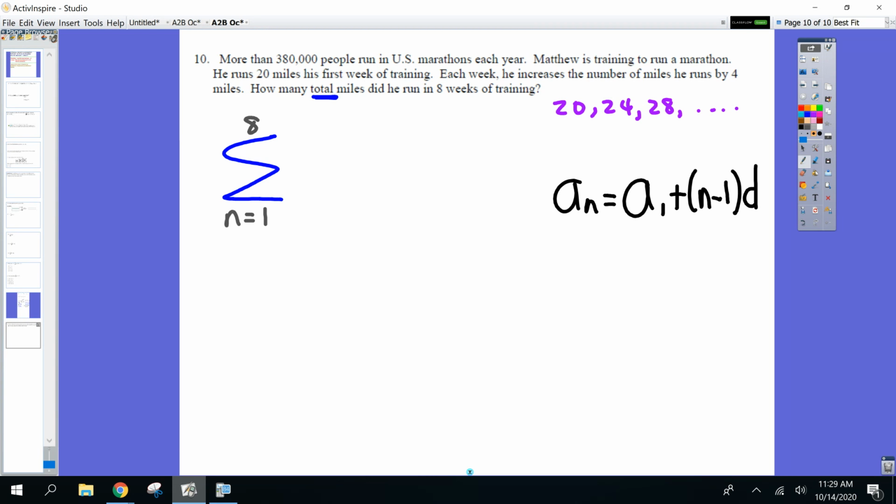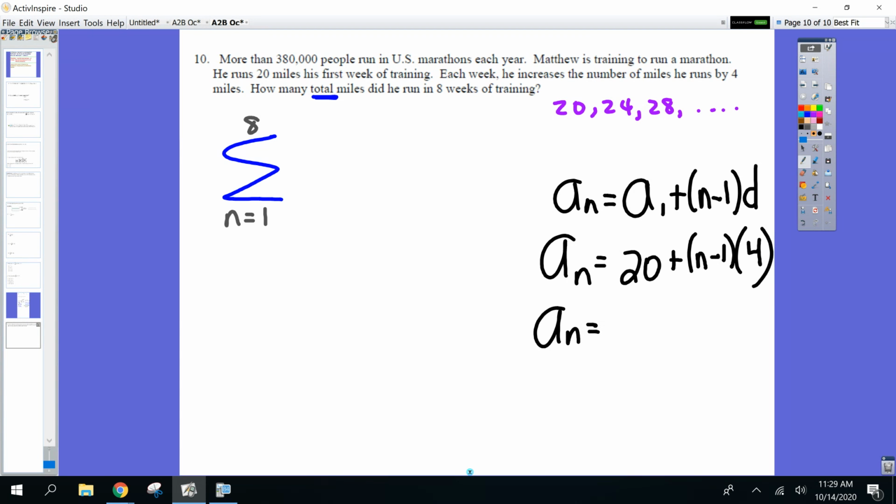When we're writing this equation, we know a sub n just stays a sub n. What about the first term in this problem? The first term is 20. That's how many he ran in week 1. n will stay n. And what are we going by here? 4. Times 4, everybody.